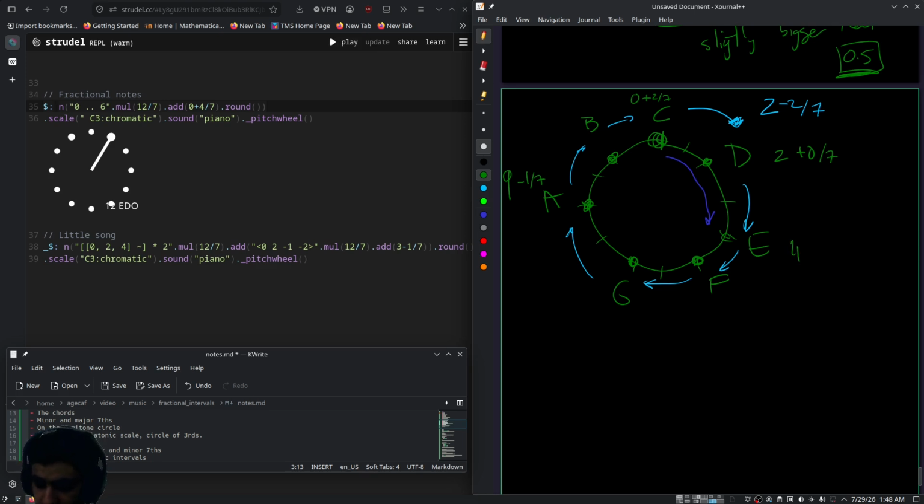So that's going to be 4 minus 2/7. And we do notice that the difference from here to here is going to be 2 minus 2/7. F is going to be Lydian, so F is going to be 5 plus, Lydian is one of the highest, so it's +3/7. And we do notice that if we do 4 plus 2, it gives us 6. But if we do -2 minus 2, we get -4, which is the same as going from 6 to 5 and +3/7.